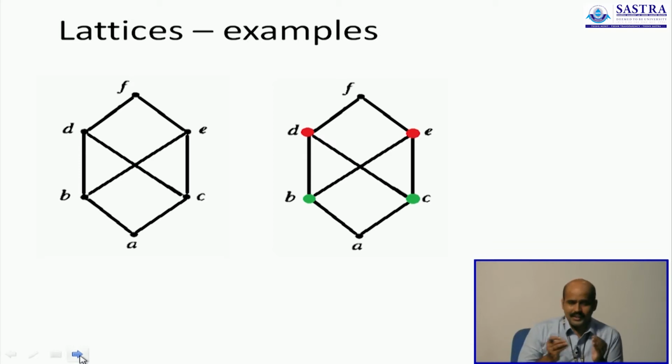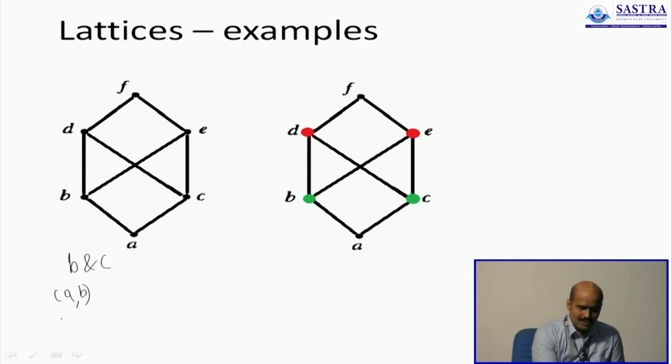Because there are examples for a pair of elements which do not have both GLB as well as LUB. An example of that is when you compare the elements B and C. Now, B and C do in fact have a common lower bound in A, because you have AB as well as AC. So A is the lower bound, and that's the only lower bound available, which means it by default becomes the greatest lower bound.